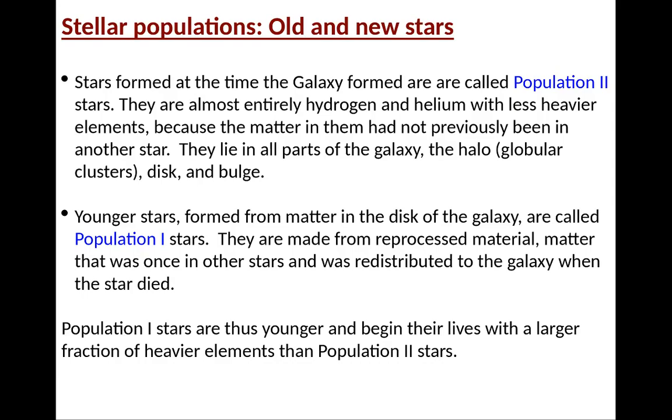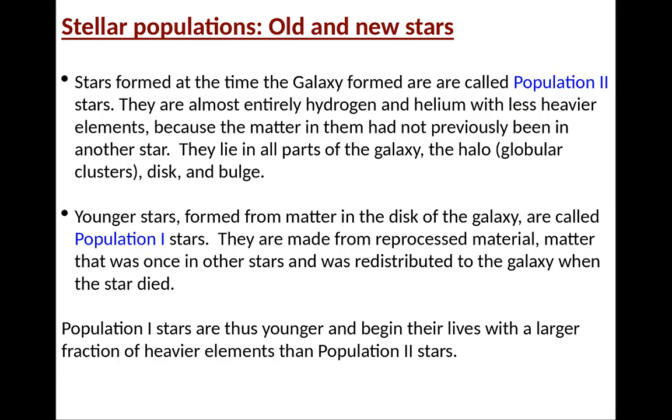Younger stars formed in the disk of the galaxy are called population 1 stars. They're made from materials that have been processed through stars already. So matter that was once in stars that died and were blown out and redistributed throughout the galaxy. So they have much more carbon, nitrogen, and what astronomers call metals, iron for instance.